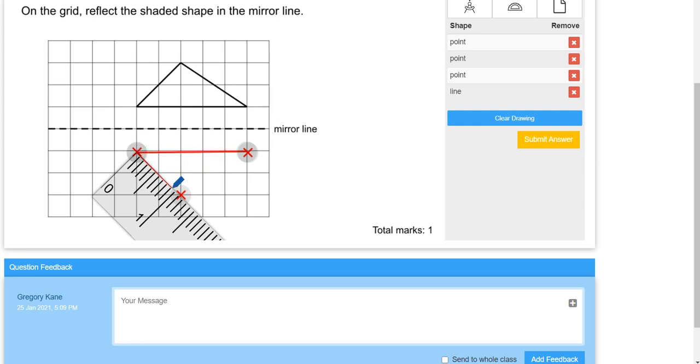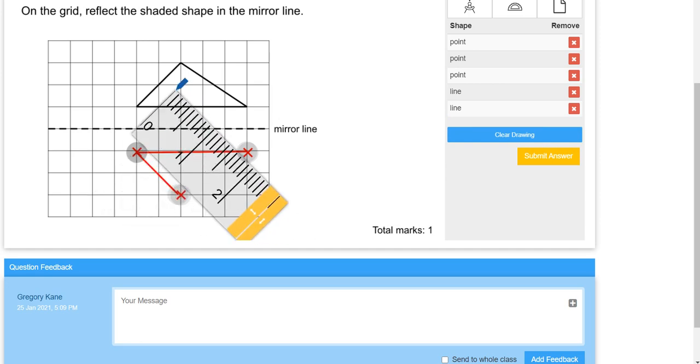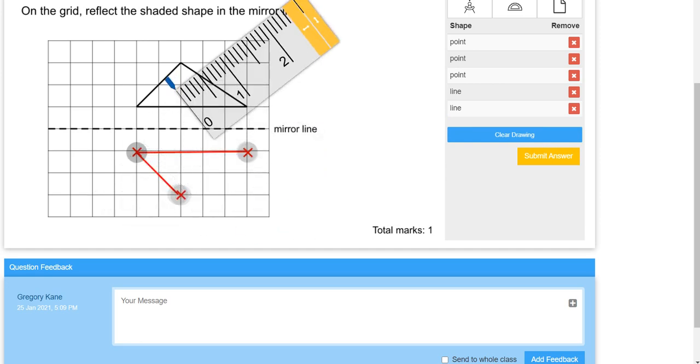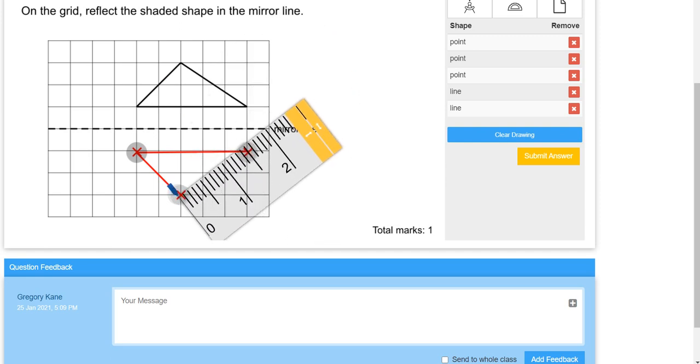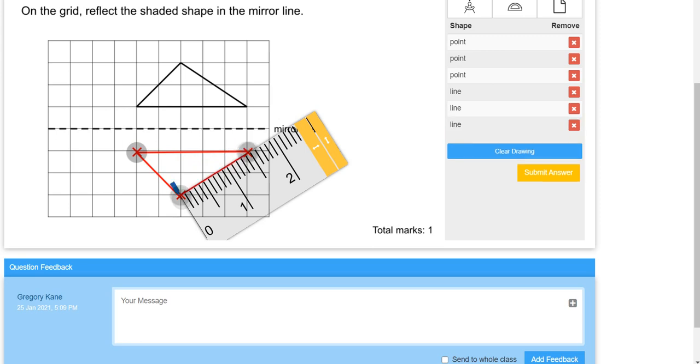So grab this, drag it down there, and then I'm going to do the same thing with this one. And just take it through there. Oops, I'm not very good, am I? Take it just through there. And let's get rid of my ruler and then see how we did.